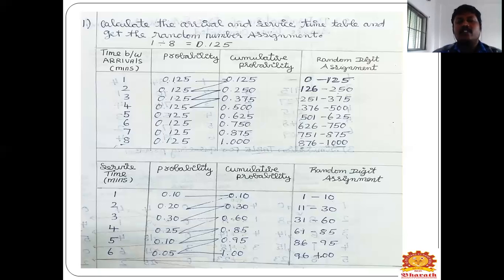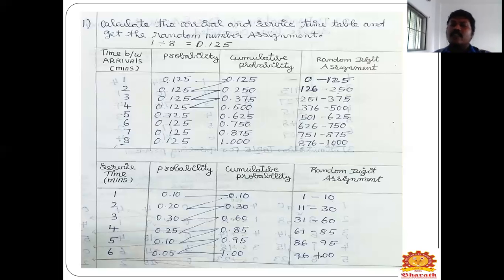For service time also you take the probability. This probability has been given. If not given, you calculate it yourself by taking 1 divided by 6, then do the accumulative probabilities, and you also do the random digit assignment. They have told us only that the arrival time should start at 0.